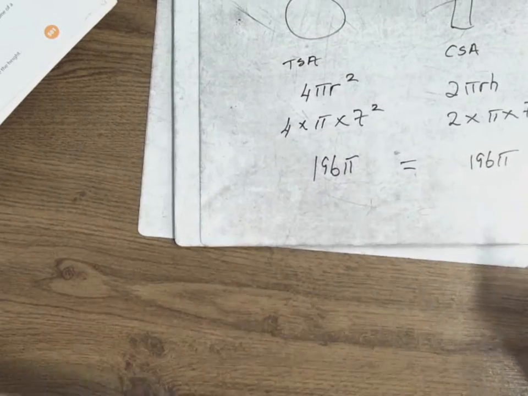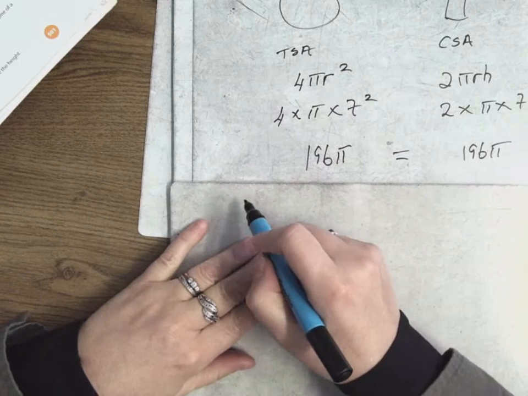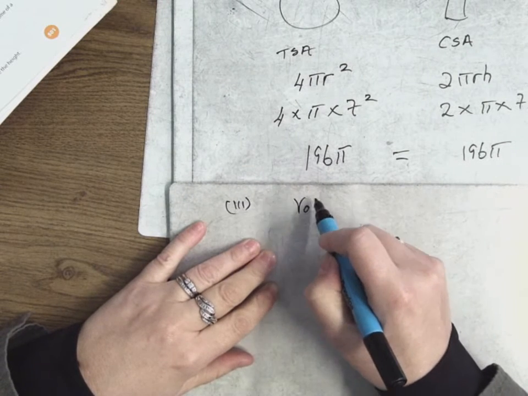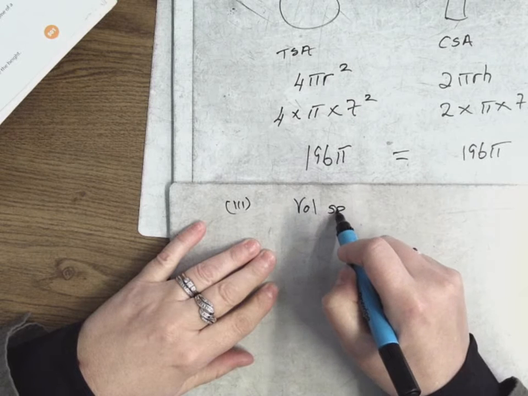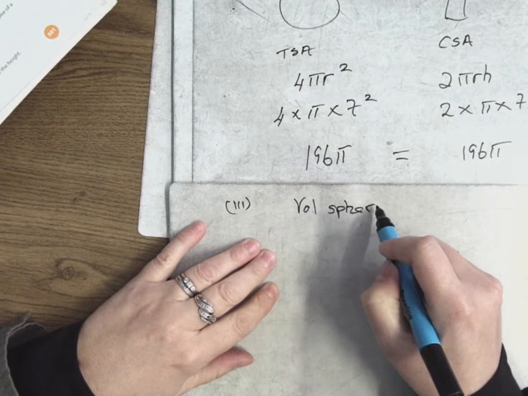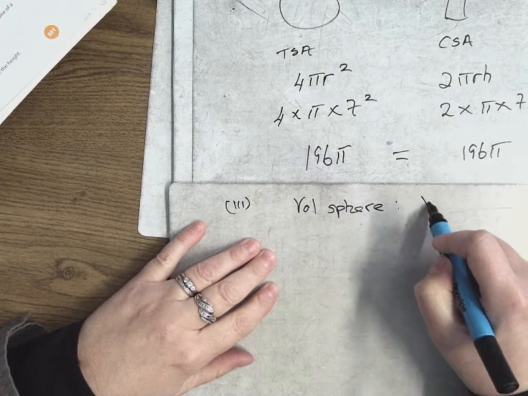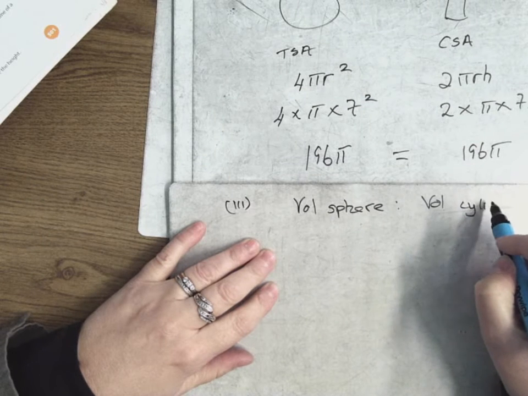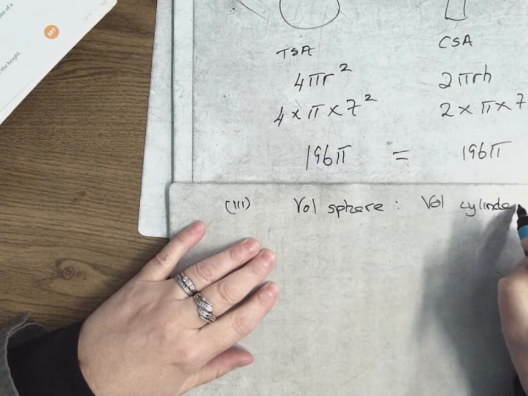And part 3 is find the ratio of the volume of the sphere to the volume of the cylinder. Off you go, get the formula for the volume of the sphere.